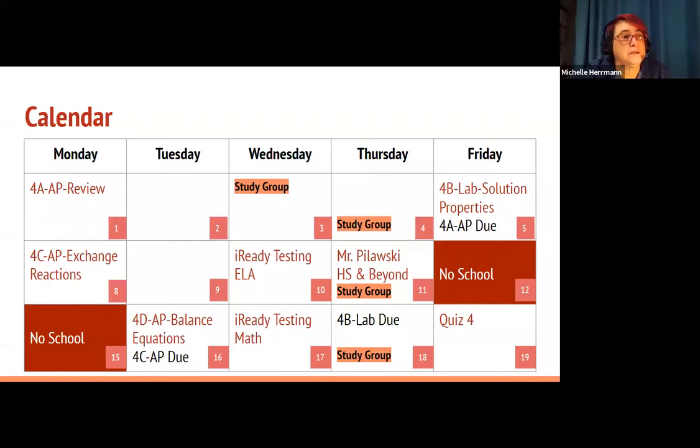You'd be exhausted. Another fun thing that's happening, you are high school students in 9th grade. So Mr. Pulaski, our school counselor, is going to come to our class next week on Thursday and do something called the High School and Beyond Plan.